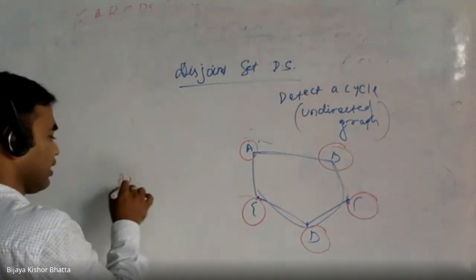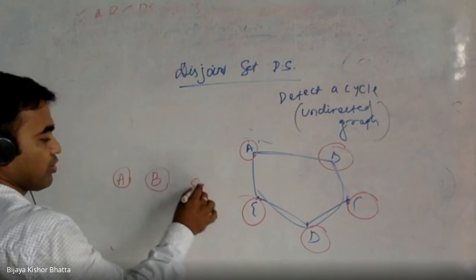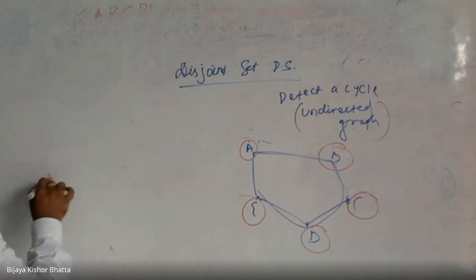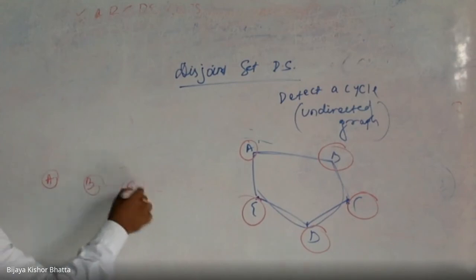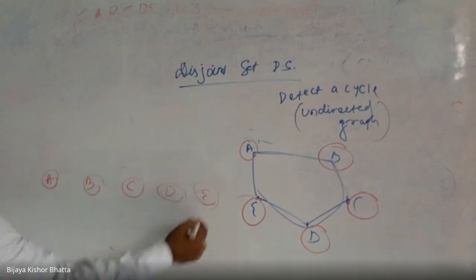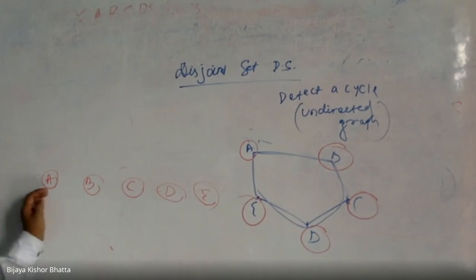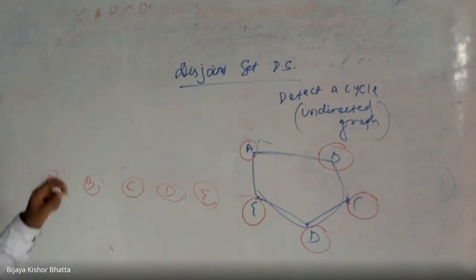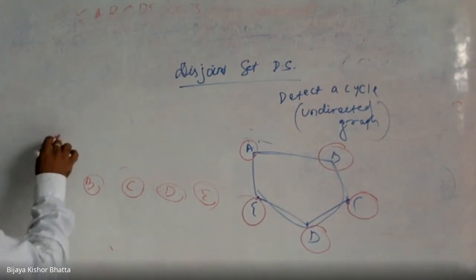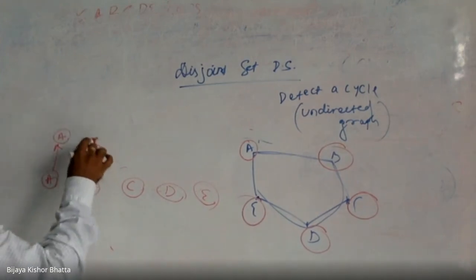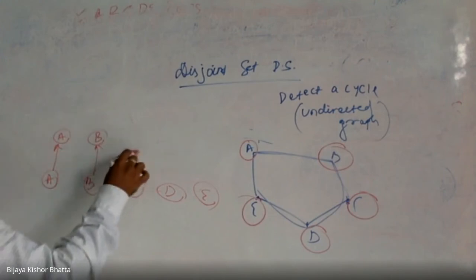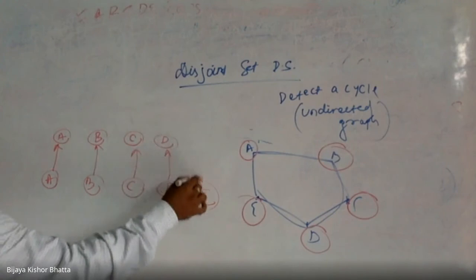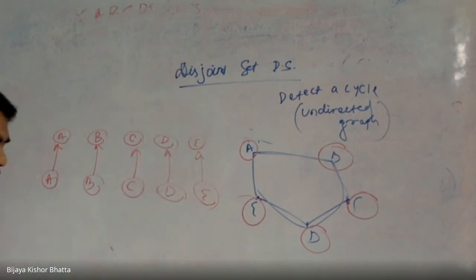So A, B, C, D, E. Initially every vertex is treated as a single vertex, and they have a parent. Initially everybody is a parent, or everybody has a representative.